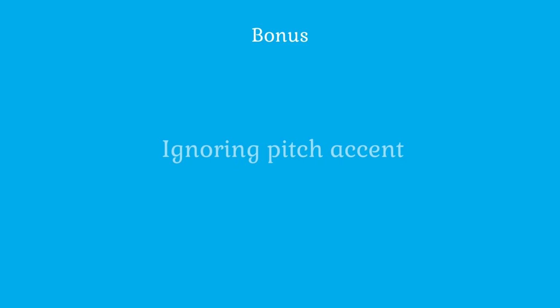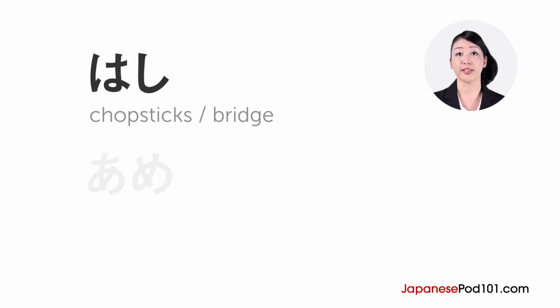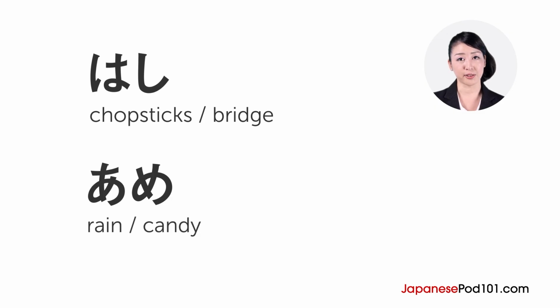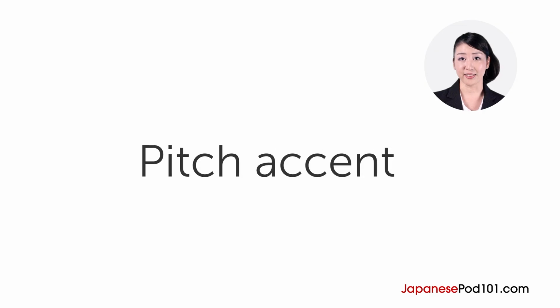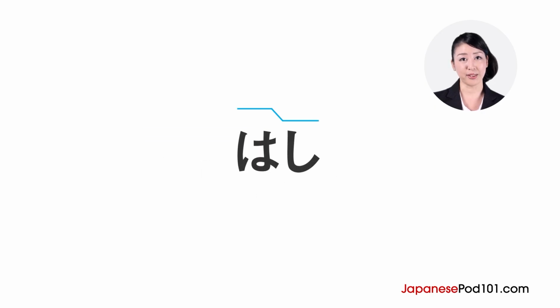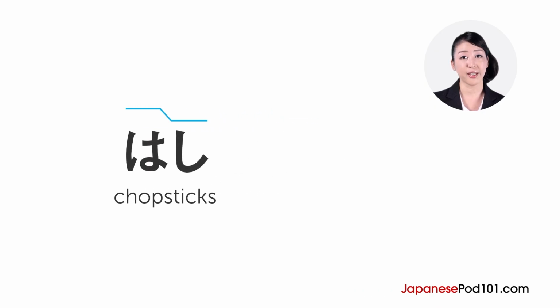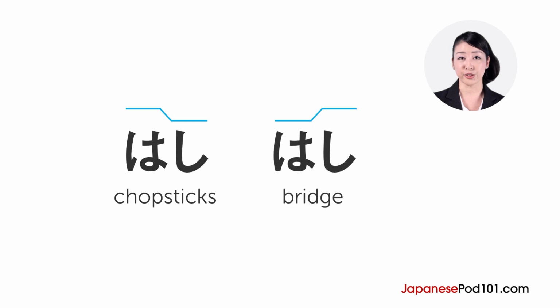Here's a bonus one. It's ignoring pitch accent. Japanese has many words with the same spelling but different meanings. But there's a way to differentiate these words. Pitch accent, the intonation used when pronouncing the word. For example, if you say hashi, it means chopsticks. But if you say hashi, it means bridge.